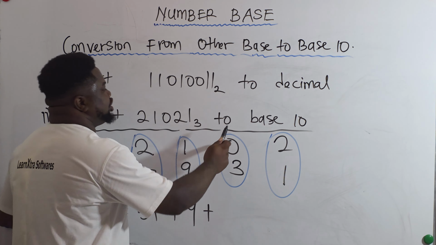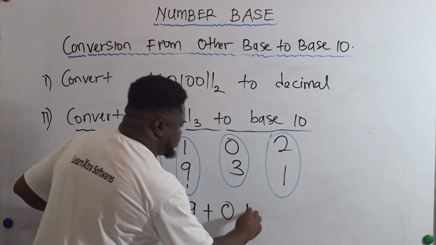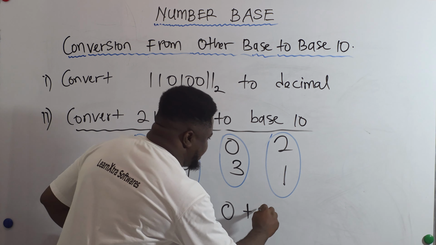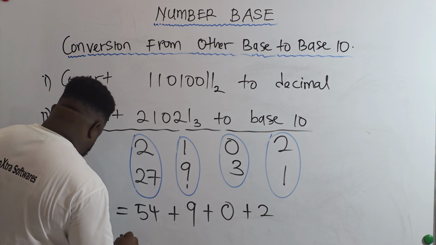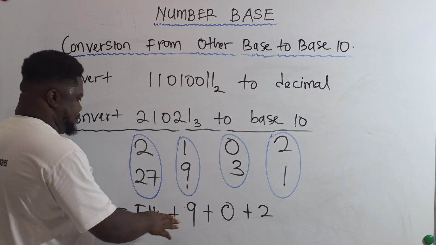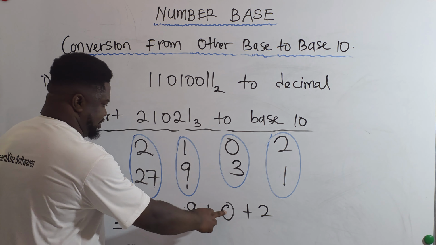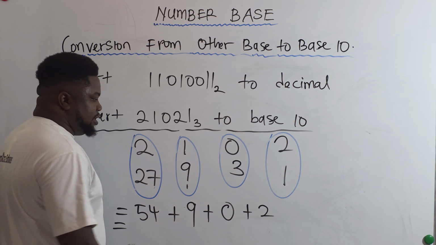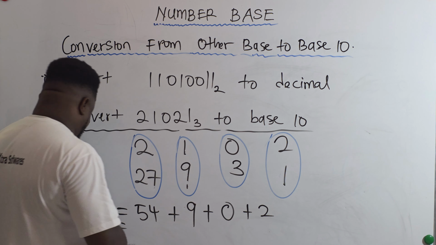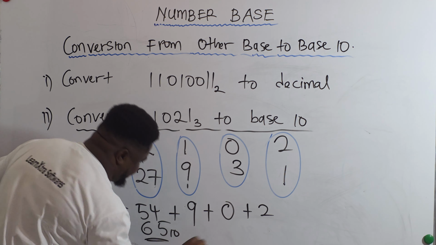Plus 0 times 3 is out, 0. Plus 2 times 1, 2. Now let's add them together. 54 plus 9, 63, plus 0, 63, plus 2, 65. That will be 65 in base 10.